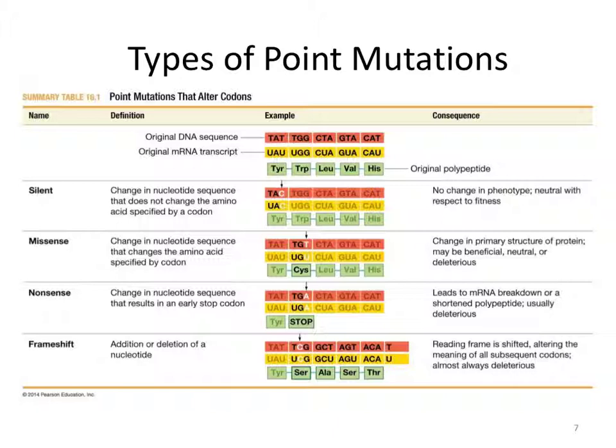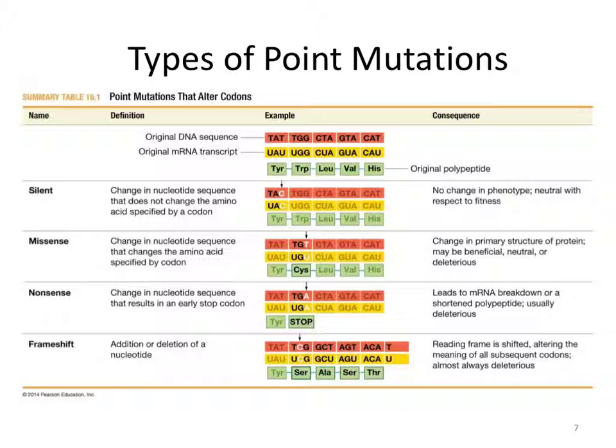A neutral mutation has really no detectable change to the phenotype of the organism and therefore its fitness. So that might mean you had a change in nucleotide sequence but no real change in the functional protein, that it works about the same.